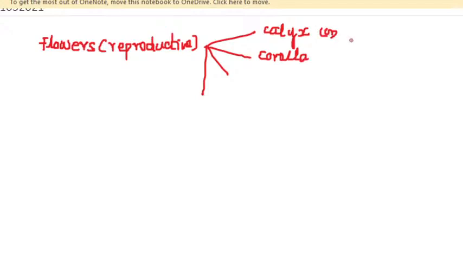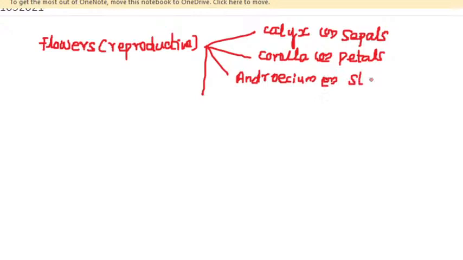Calyx are sepals, corolla are petals, androecium are stamens, and gynoecium are pistil. These are all the 4 important parts of a flower.